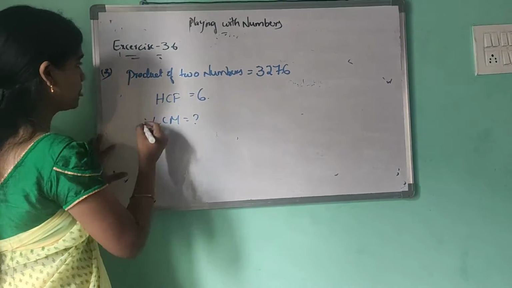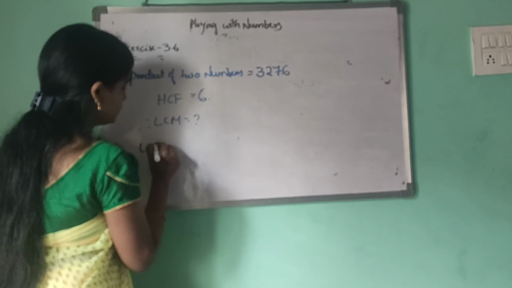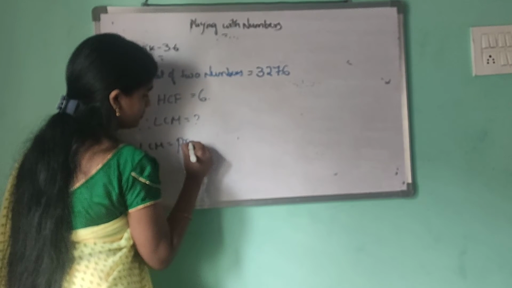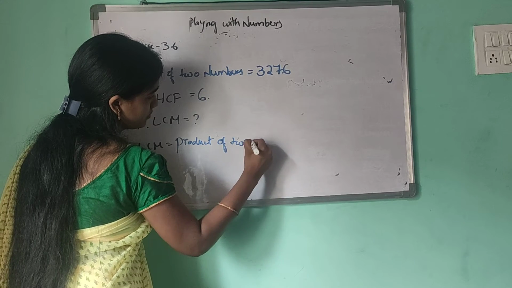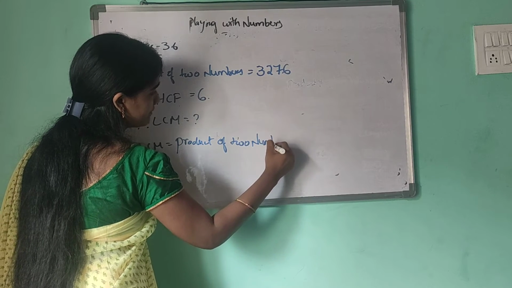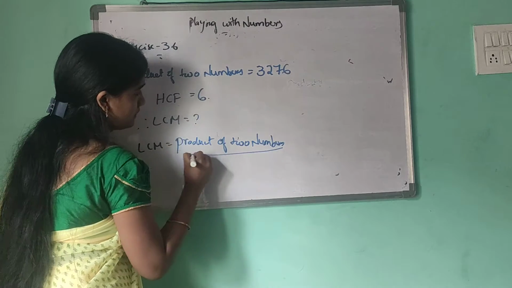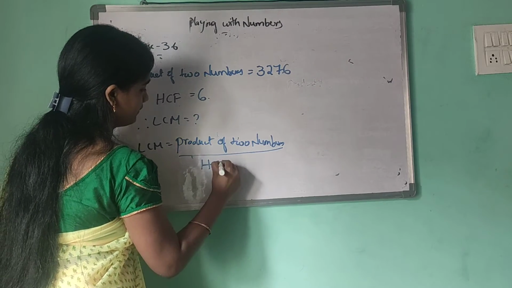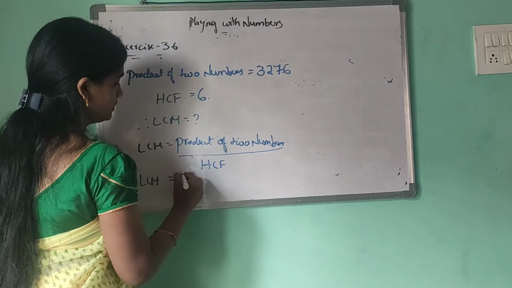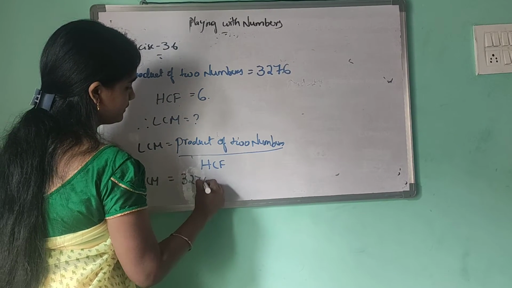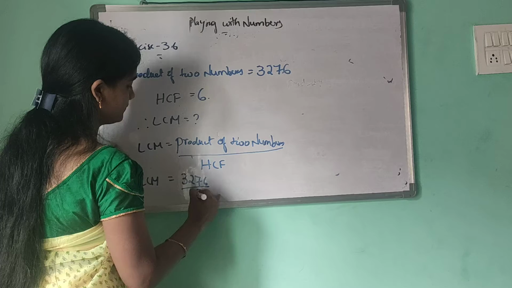We all know the LCM is equal to the product of two numbers by HCF. So the product of two numbers, 3276, by the HCF value 6.